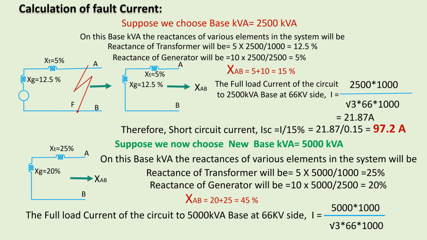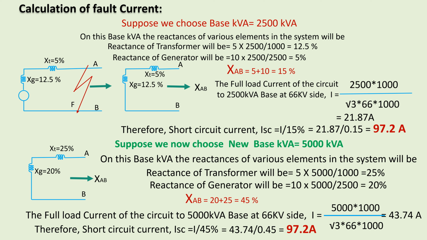The full load current of the circuit on 5000 kVA base at 66 kV side, that is I, is equal to 5000 into 1000 divided by root 3 into 66 into 1000 is equal to 43.74 ampere.